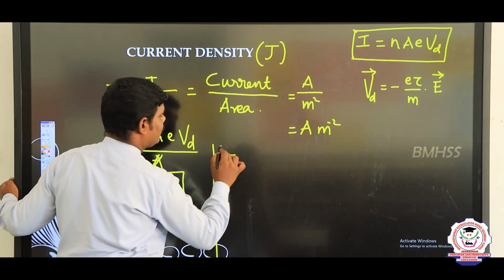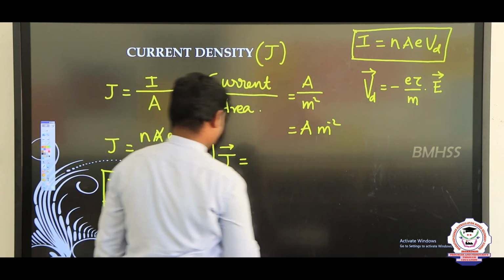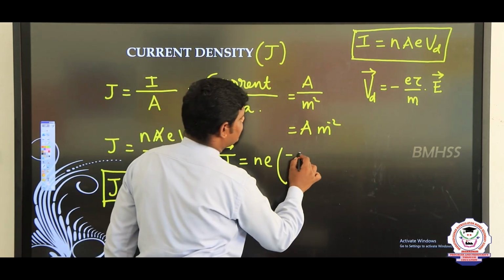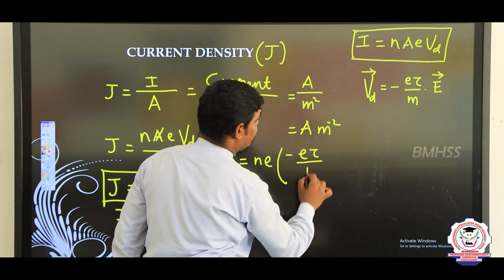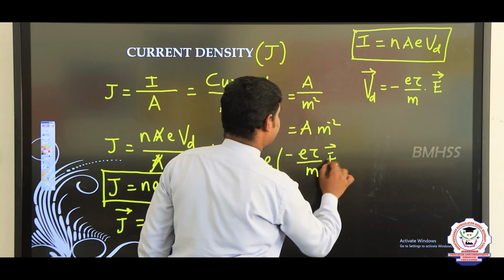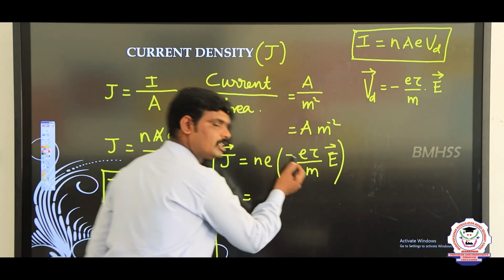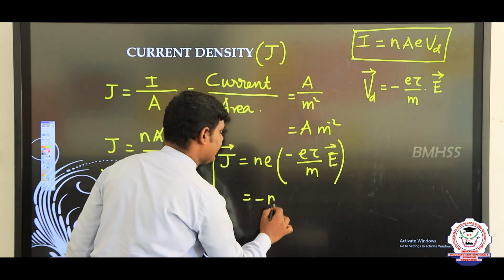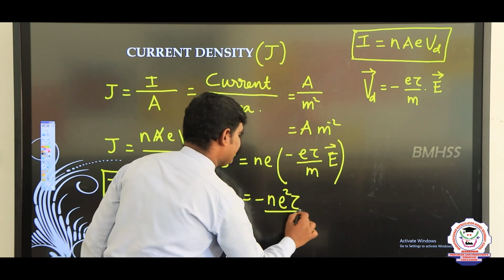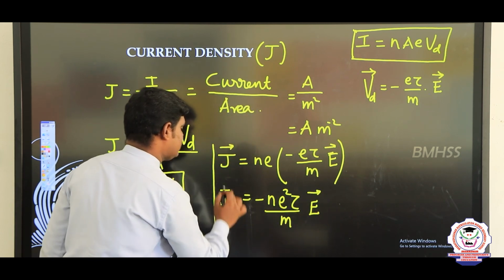J vector is equal to n e into minus e tau divided by m into E vector. So plus into minus, minus n into e square, then tau by m into E vector. So this is the J vector.